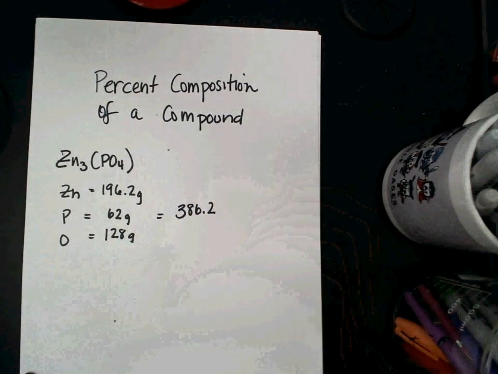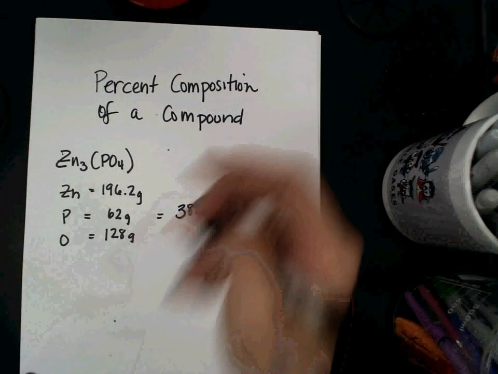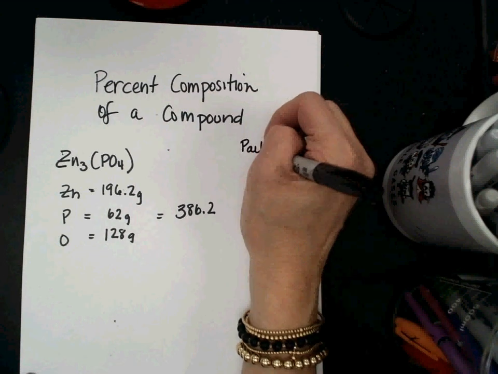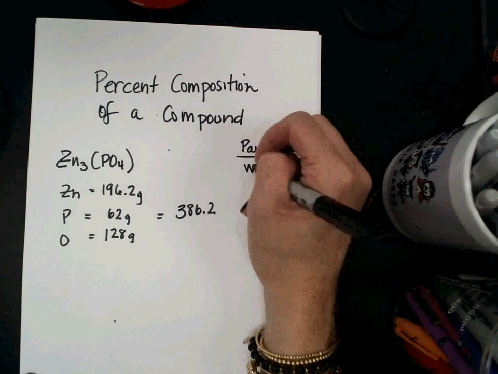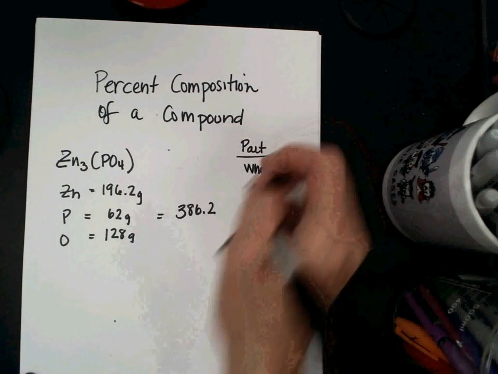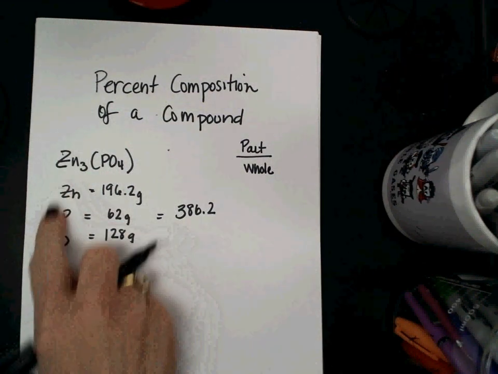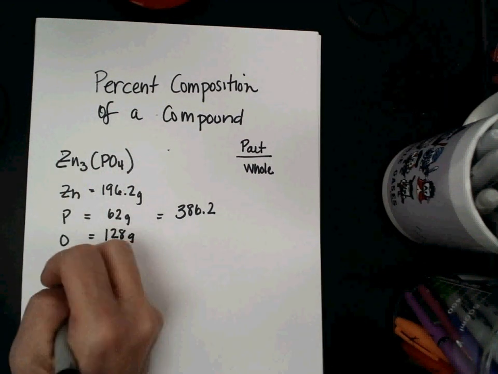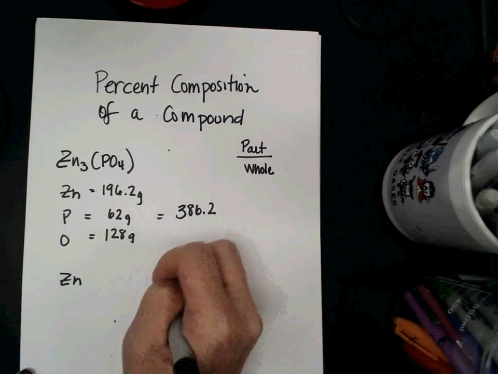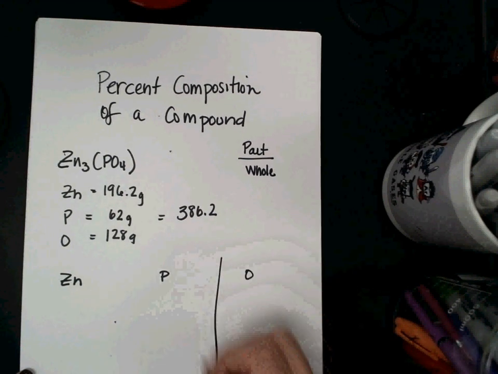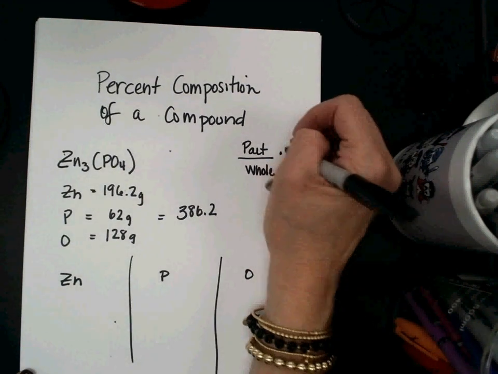And my total was 386.2. So when we do percent composition, it is the part divided by the whole. So I look and I see how many elements do I have, and I make a place for each of them, Zn, P, and O.